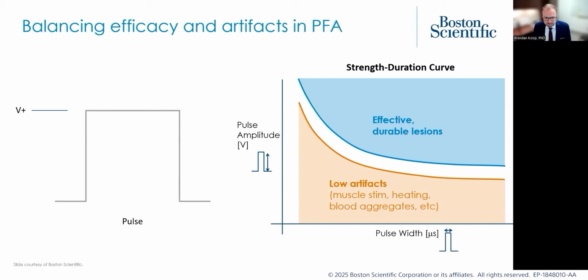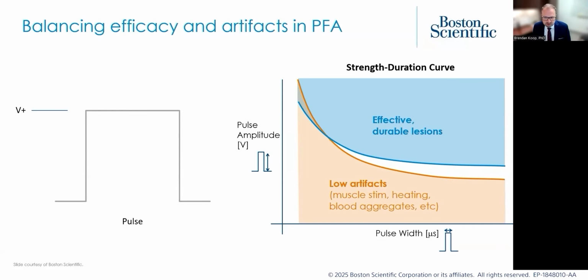So as we've done our research and moved on from off-the-shelf catheters and tuned a lot of what we're doing with pulse field ablation, you are able to create an overlapping area where you get effective, durable lesions, but also low artifacts. The critical thing to remember is this design space is really small. Sometimes I call this threading the needle, because it's very difficult to hit this design space, but you can do it.